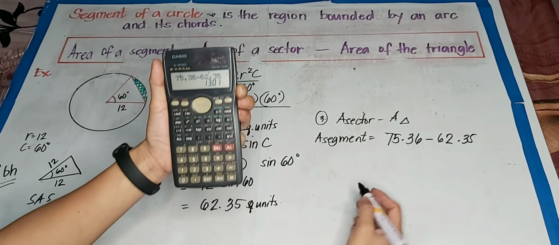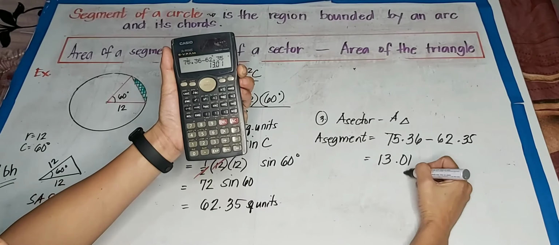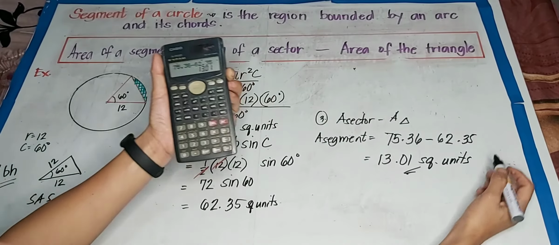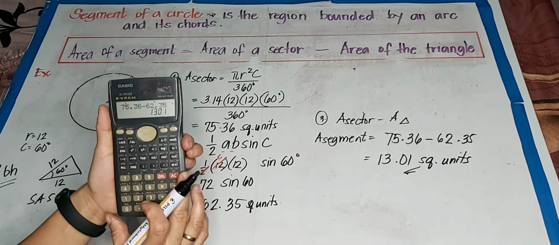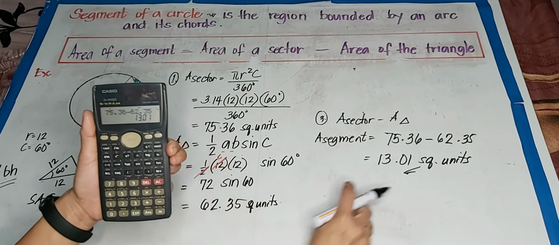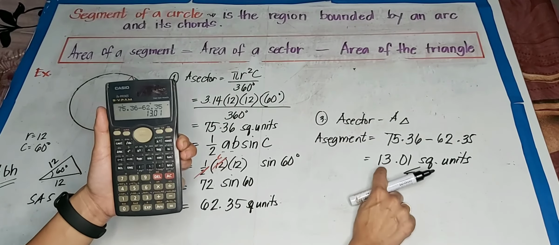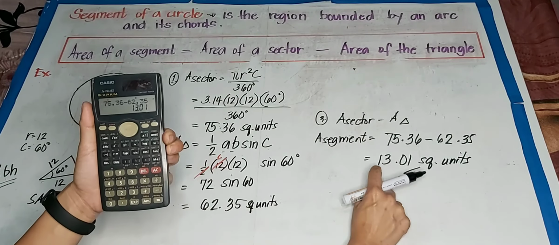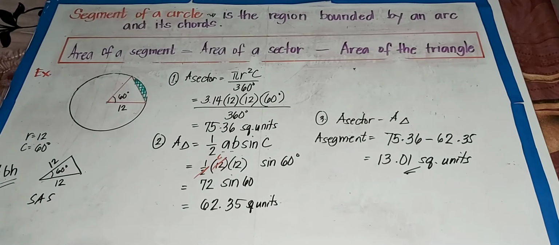The answer is 13.01. So this is our answer. Square units. Okay. Kung hindi tayo uniform ng paraan ng pag-round off, maybe we will accept yung counting difference. Some may answer here 13.00. Some may answer 13.02. Okay, that is possible because of the rounding off along the process.